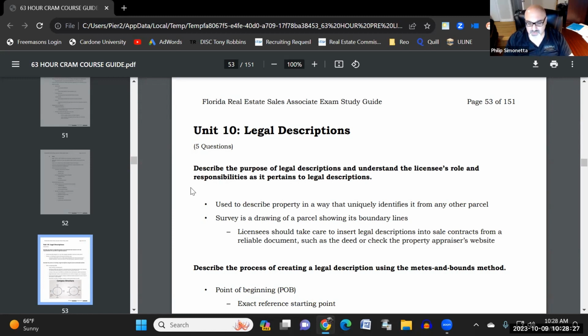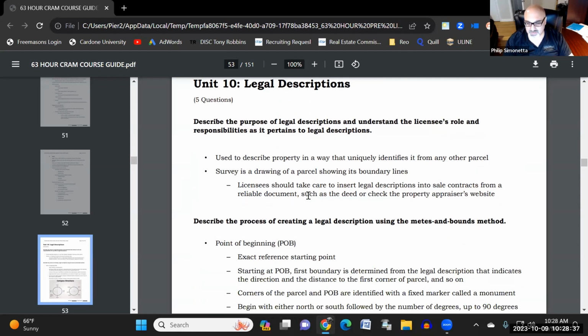A survey is a drawing of a parcel showing its boundary lines, the outside boundaries. A licensee should take care to insert legal descriptions into sales contracts from a reliable document, such as a deed, or check the property appraiser's website. It's very important because if the property description is not accurate, a good attorney can void the contract.